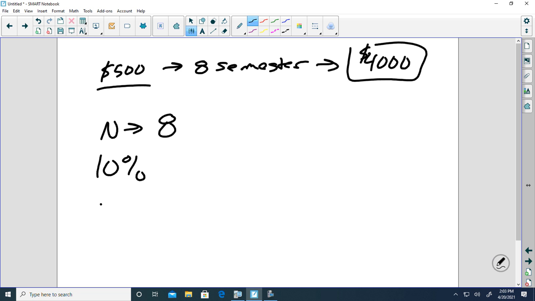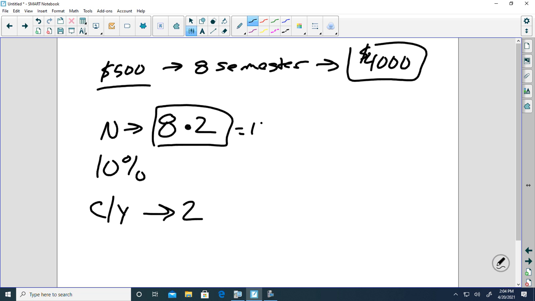And our C/Y, or whatever that bottom button is, if it's semi-annually, means that's going to be our 2. Okay? And, oh, yeah, we're right. Wait, 8 semesters. I messed up. This should be times 2, right? That's 16.